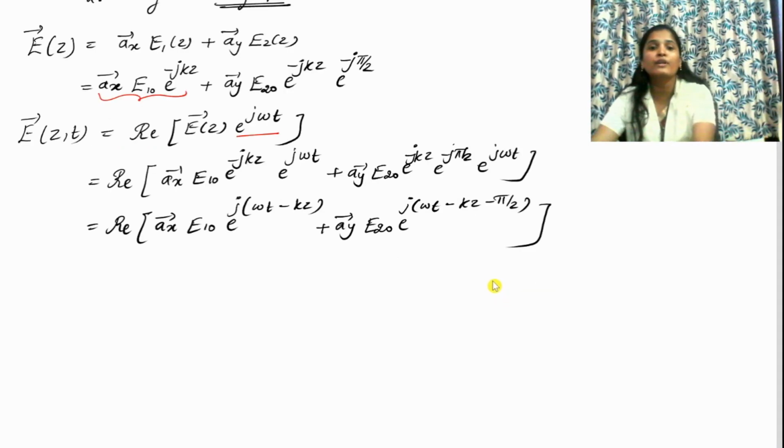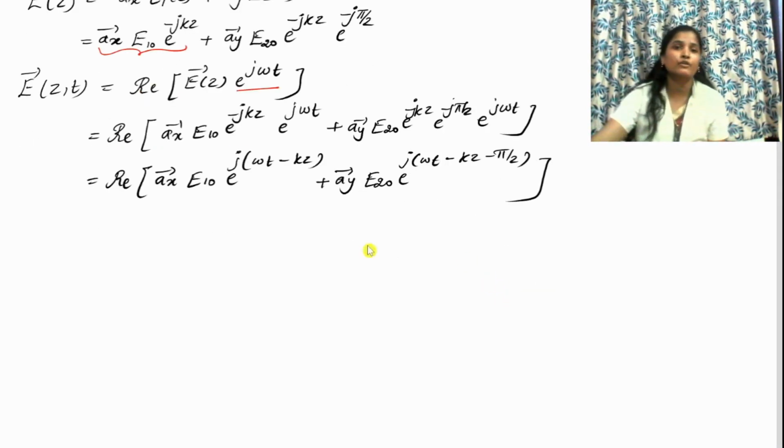We know how to take the real. Usually the real of any e power j theta will be split into cos and j sine, and among this we select only the cos term. So directly we can write the real of e power j theta as cos of that value.